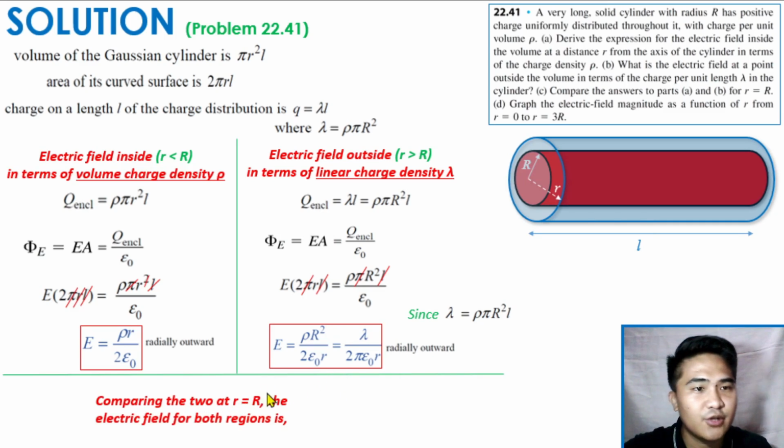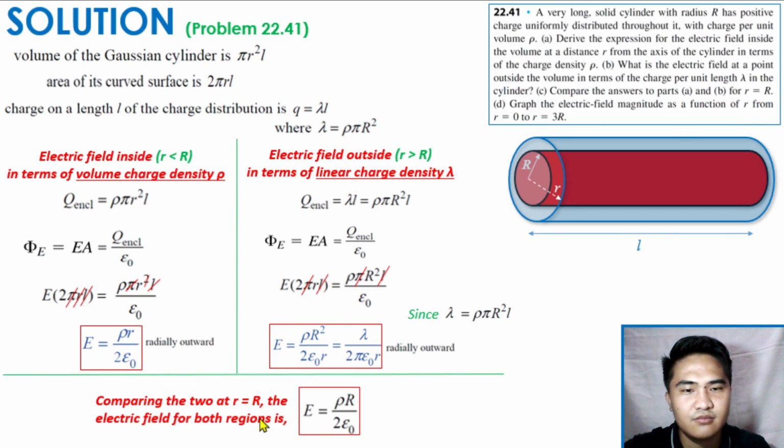Now, for part C, compare the answers to parts A and B. So that is this, for small r equal to big R. Comparing the two, this is the electric field inside and this is the electric field outside.